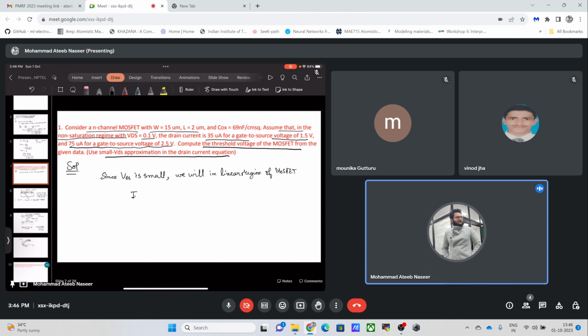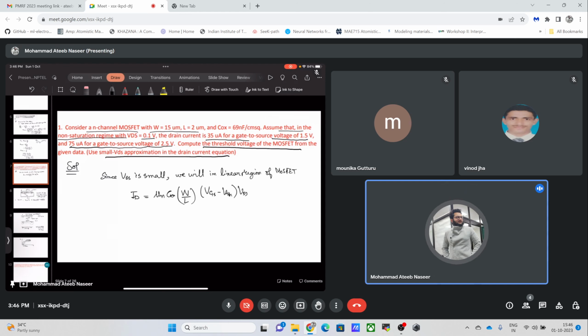So the current ID would simply be equal to mu n C ox W by L times VGS minus VTH, times VDS. The VDS square term will simply go because we are in the linear region.